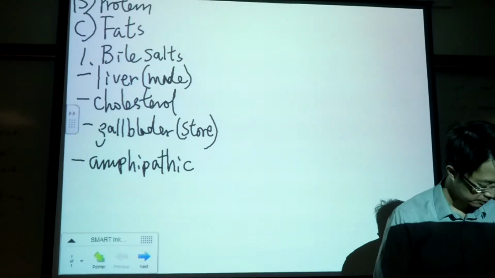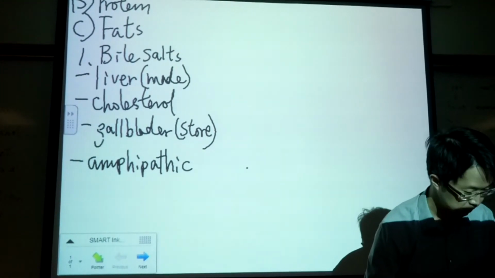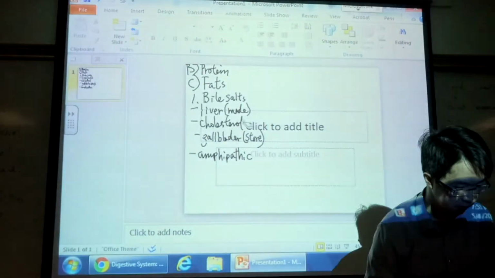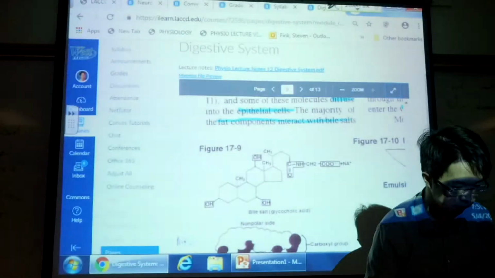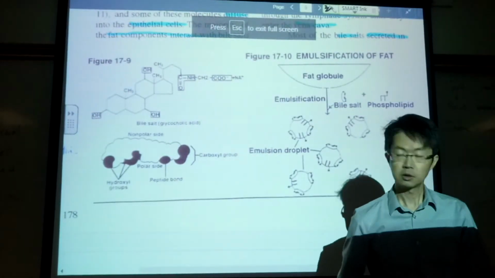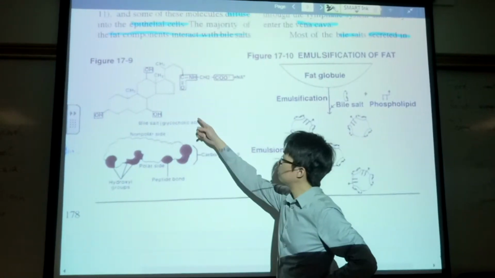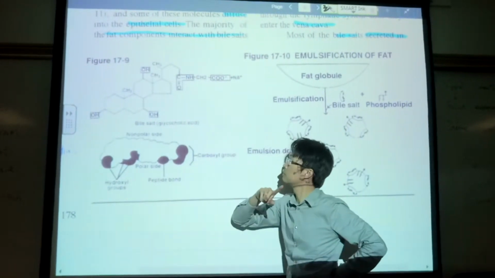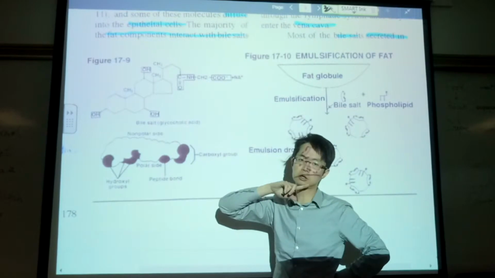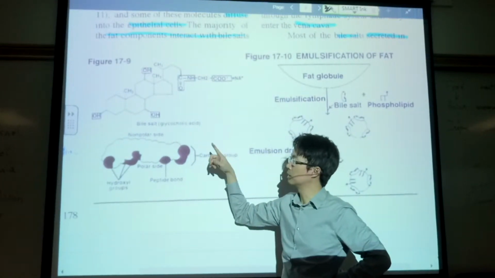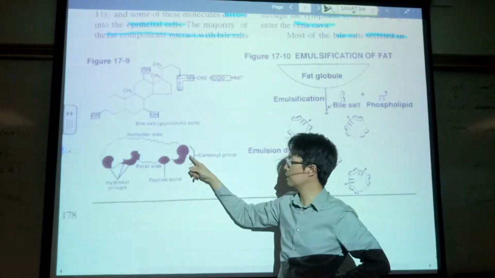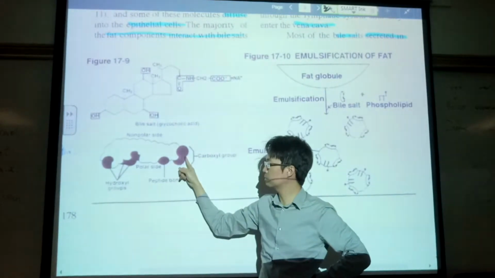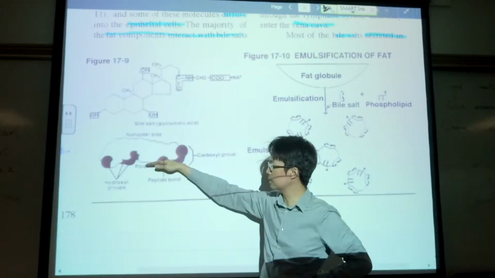Let's take a look. So this is a biomolecule. As you can see, it has the basic structure of a steroid because it is made from cholesterol. You can see that it indicates the hydroxy group. The hydroxy groups are all on one side of the molecule.